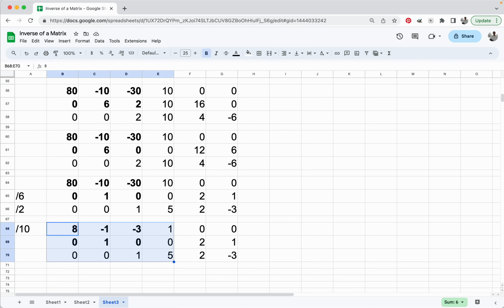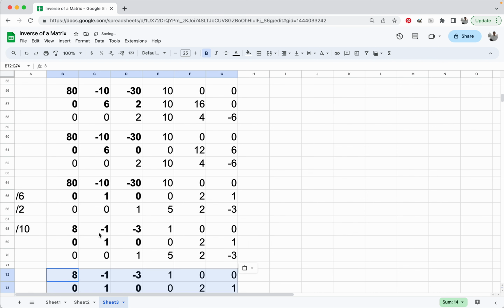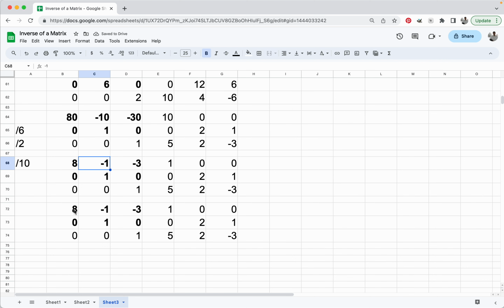I'll add row 1 and row 2 to make this position number 0. 8 minus 0 is 8. 1 minus 1 is 0. Okay. Minus 3 plus 0 is minus 3 only. This and this 1. This and this 2. 0 plus 1 is 1. Alright.